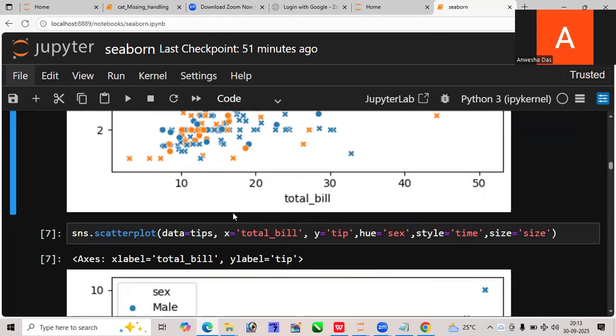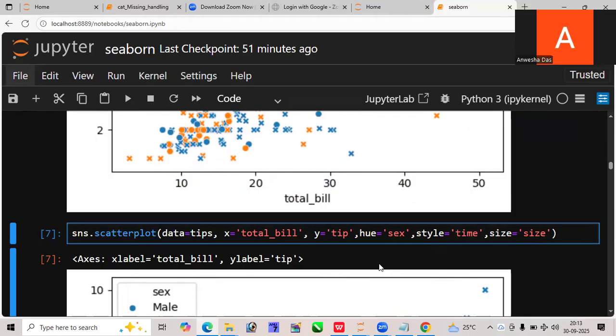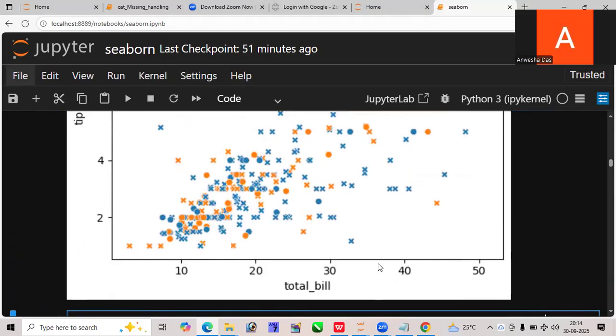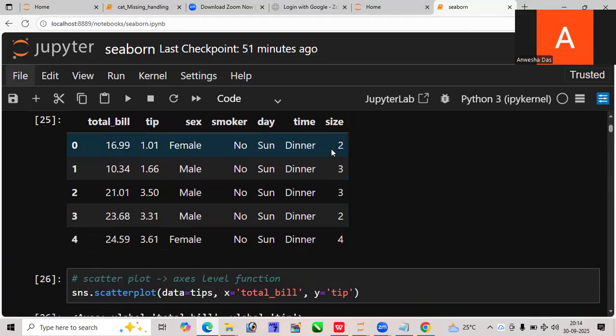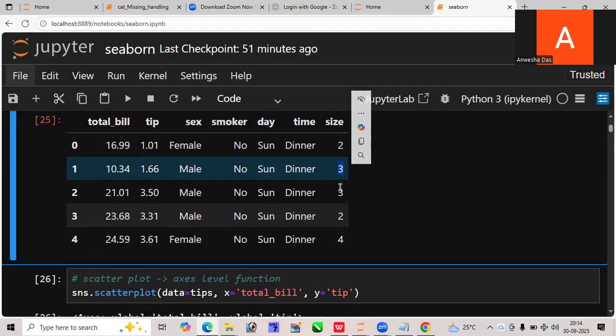Here I have mentioned the size. Size means how many people went to the restaurant. See here, size equal to 2, 3 means one man went with 3 people.